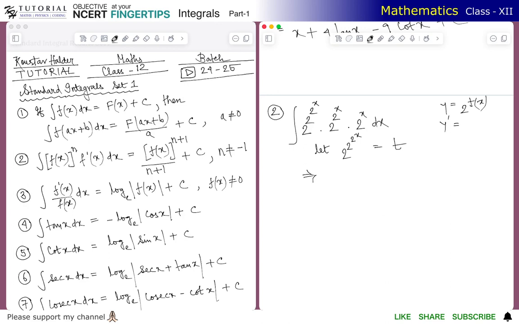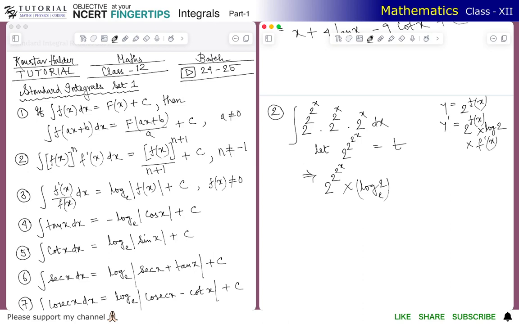So this will become 2 to the power f(x) into log 2, and we have to differentiate f(x) as well. Using this concept, if I differentiate both sides with respect to x, I get 2 to the power 2 to the power 2 to the power x into log 2, obviously with base e. So this becomes the differentiation of the whole thing.